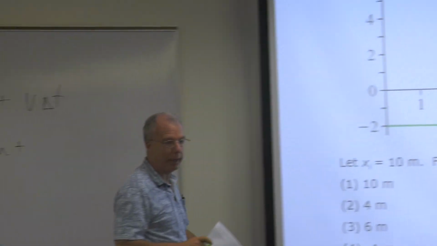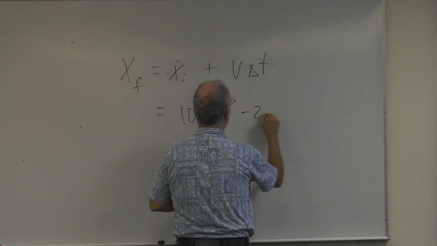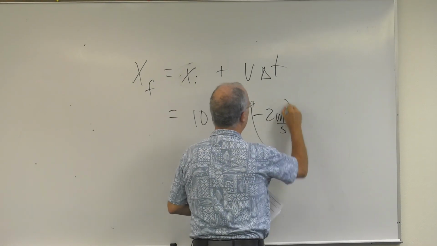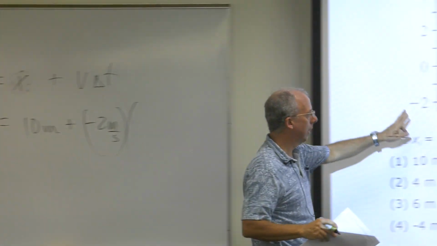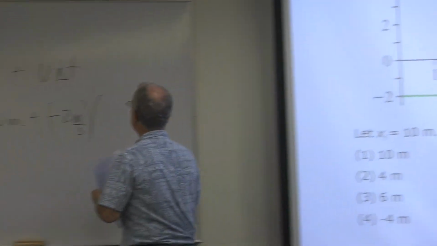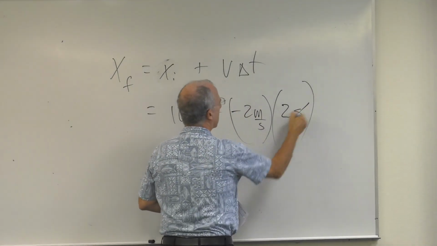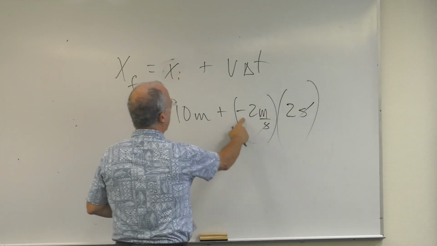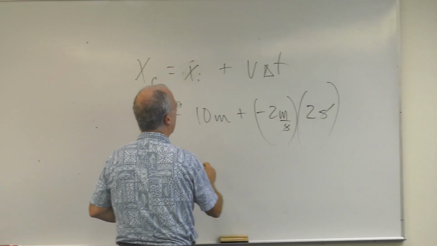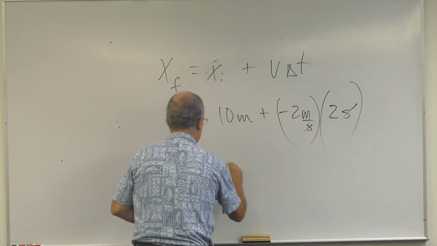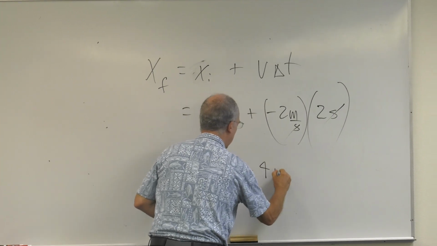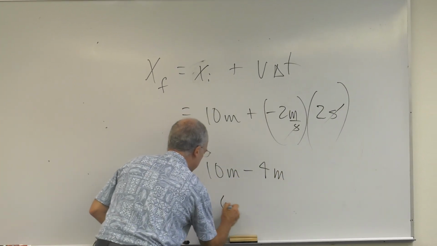That means we go backwards, right? So it's negative 2 meters per second. The time, 2 seconds. Seconds cancel. Negative 2 times 2 is minus 4 meters. So you have 10 meters minus 4 meters, which is 6 meters.